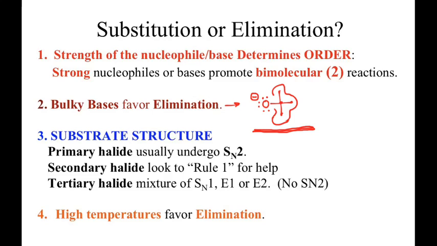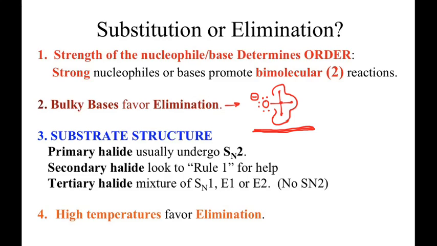Our primary halides are going to undergo SN2. You could see the possibility for an E1 elimination, but it's really, really rare. How would you know? You see a primary halide, how would you expect it to go E1, not SN2? Well, what did we just say in the previous step?